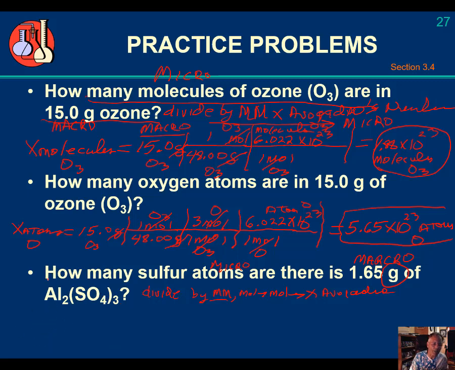Okay, so our how-many part is sulfur atoms. So that's going to be X sulfur atoms. And that's definitely microscopic. I've got a macroscopic quantity of 1.65 grams of Al2(SO4)3.